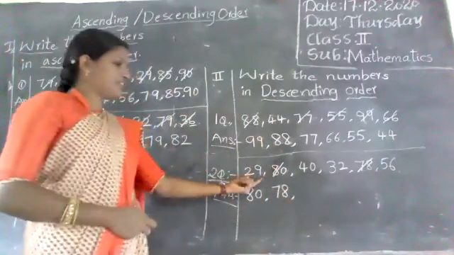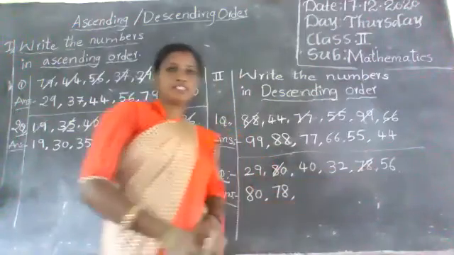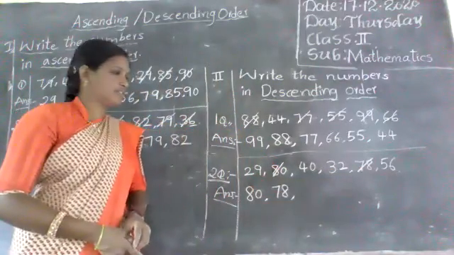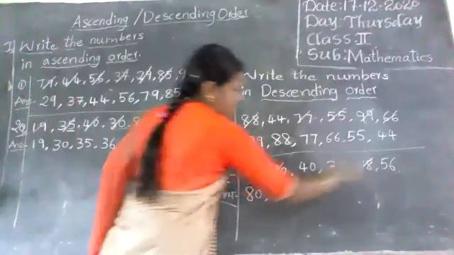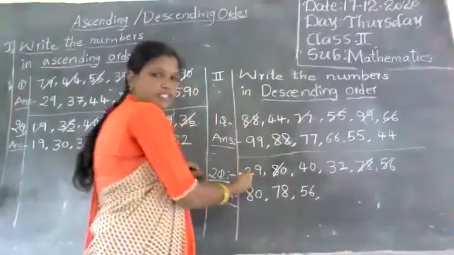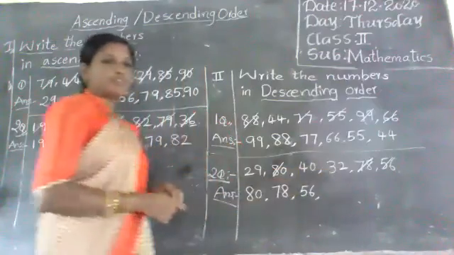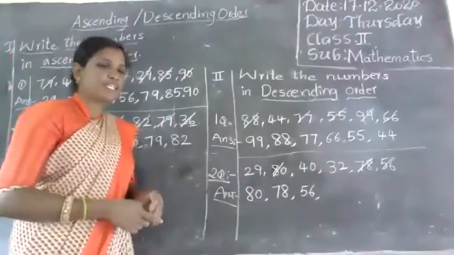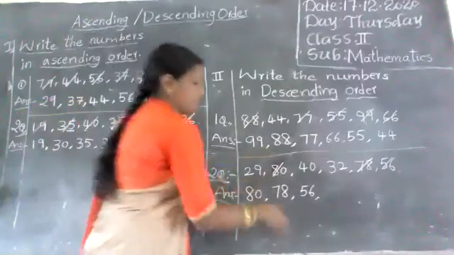Next: 29, 40, 32, 56. Which is the biggest? 56. Next: 29, 40, 32. Which is the biggest number from these numbers? 40.